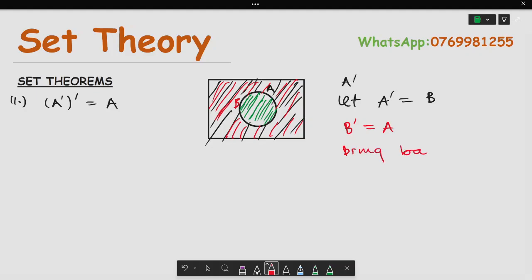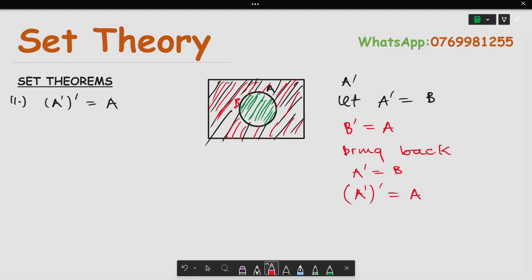So if we bring back A complement to be equal to B, you find that where there is B we replace with A complement, and what we'll get is that the complement of A complement is equal to A. So you understand where this is coming from.